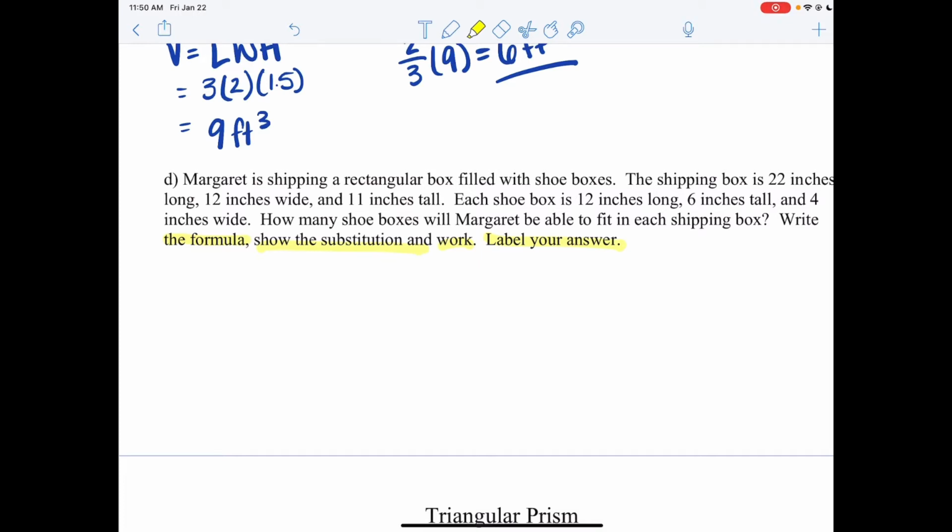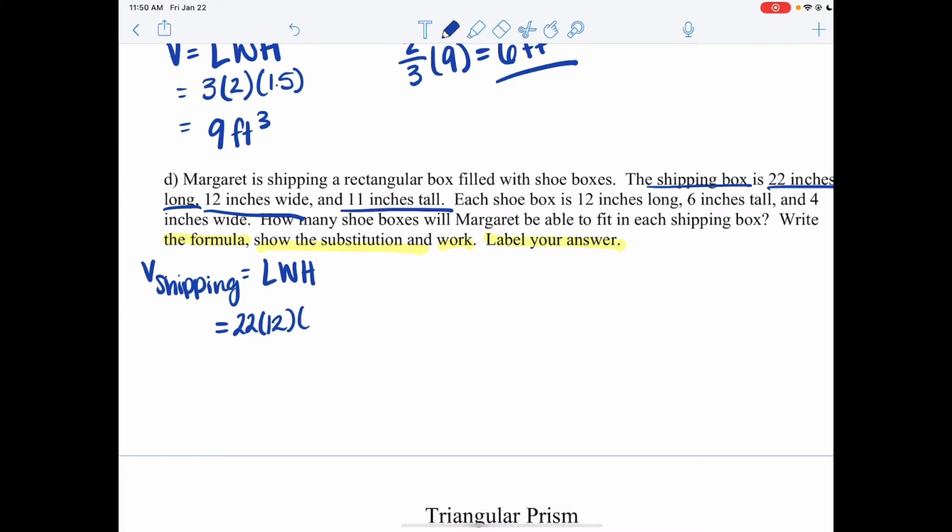So first thing I'm going to do is find the volume of my shipping box, which is equal to length times width times height, my formula. Okay, now it says the shipping box is 22 inches long, so 22 times 12 inches wide and times 11 inches tall.